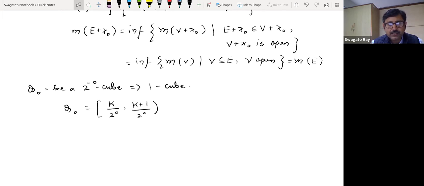So this we have understood by now. What I mean is K plus 1. That means intervals of length 1 with left-hand point on the set of integers. That I am keeping. K is in Z. Is it clear to everybody that instead of omega n, now I'm actually looking at omega 0? All of you remember what was omega n?